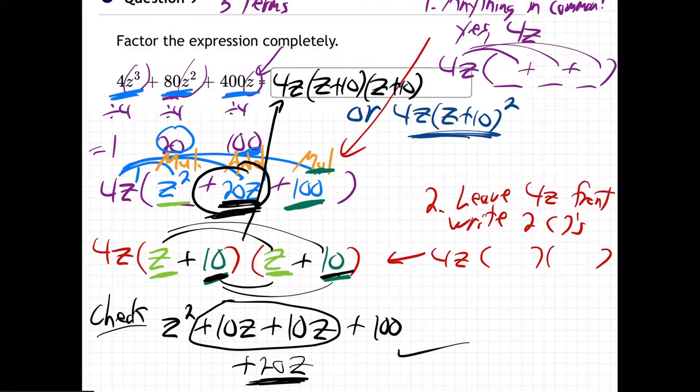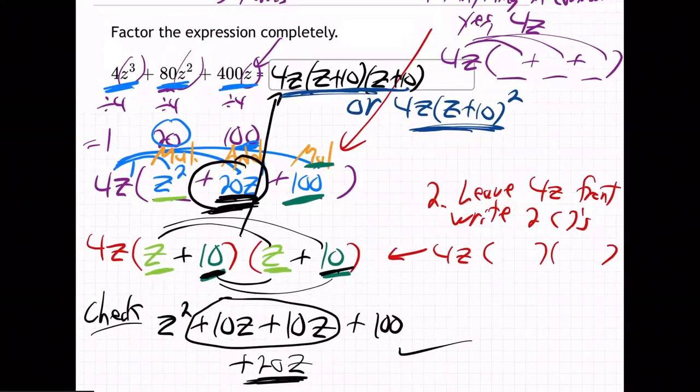That's okay too, either way. The computer will take it either way. On the next exam, if it's multiple choice, which it is, either way is right. This and this are saying the same thing, aren't they? Because we have z plus 10 twice or z plus 10 squared. That's the same thing. That means z plus 10 twice. You see how we got that?